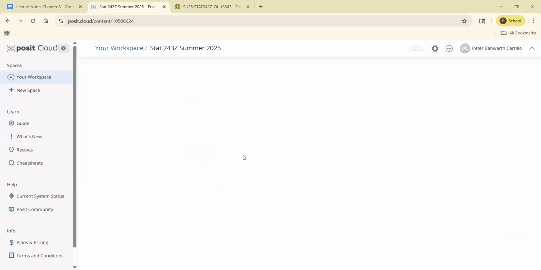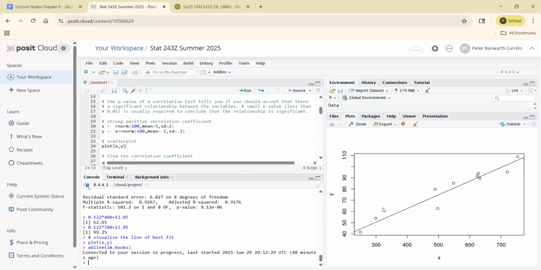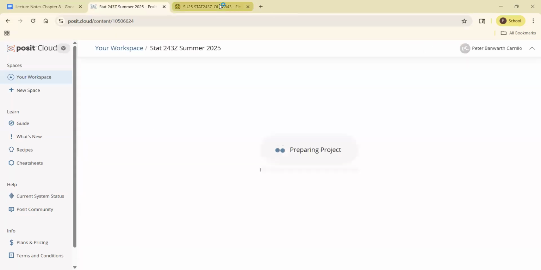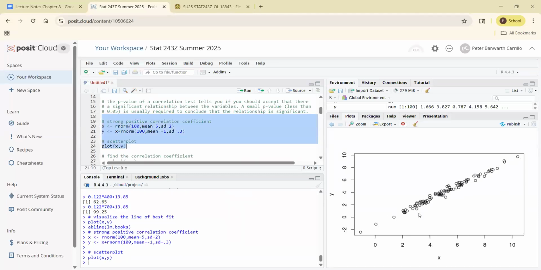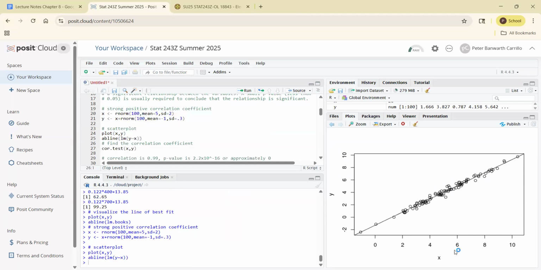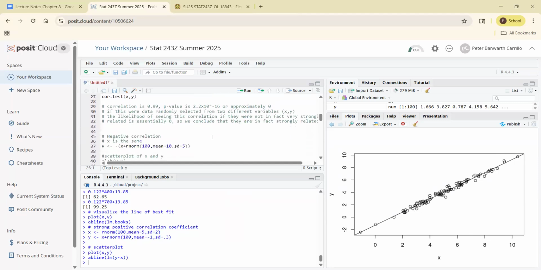Sorry, I hiccuped. I know what I'm doing, my apologies, pressing the wrong buttons. Okay, there's our super well aligned data, and I can look at the line of best fit. All those points are very close to the line.